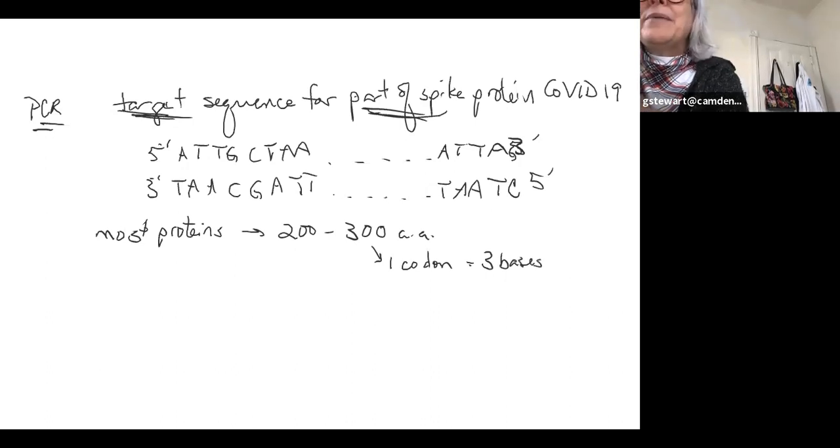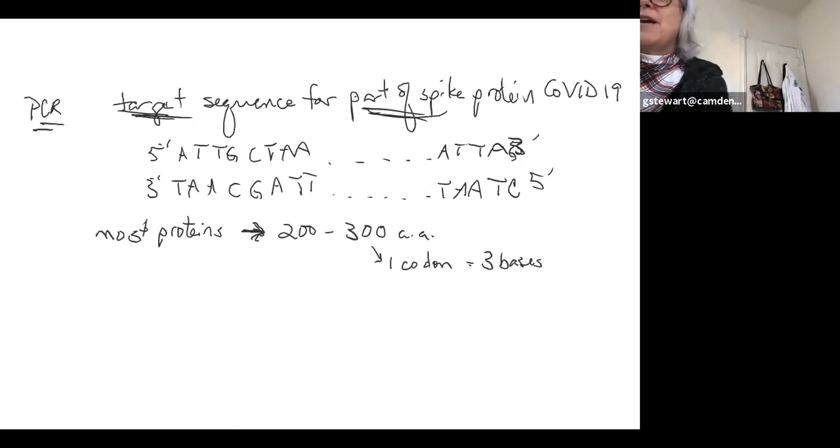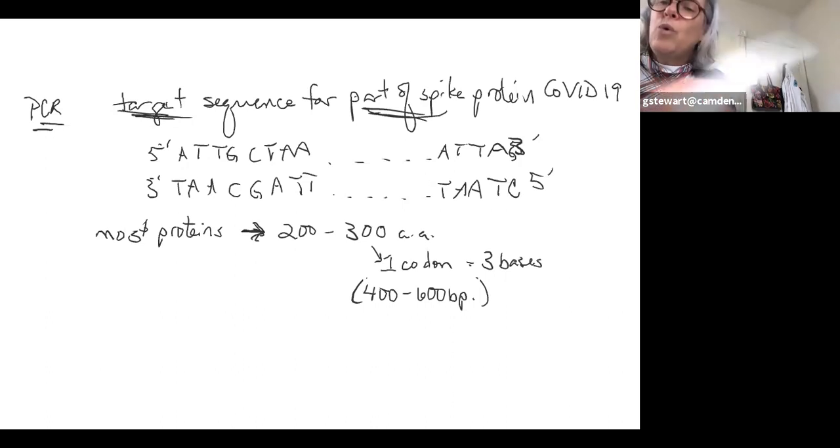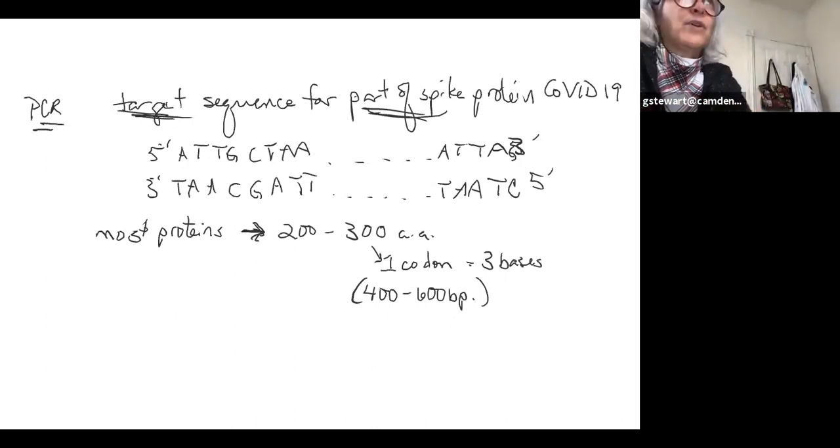So we're looking at a piece of DNA that we're going to amplify, usually in the neighborhood of 400 to 600 base pairs. Meaning we don't even need the whole target sequence for the whole spike protein. We're only going to look at a part of it, maybe this first 400 bases.